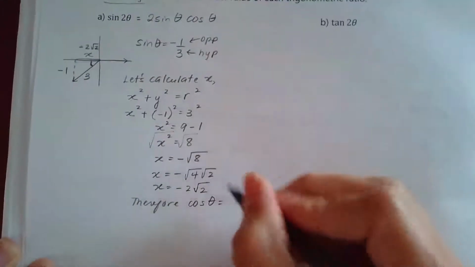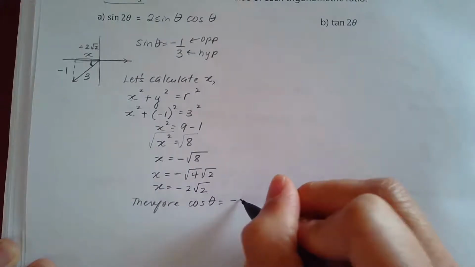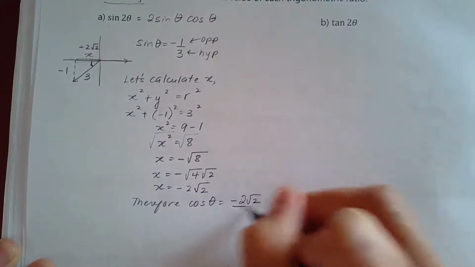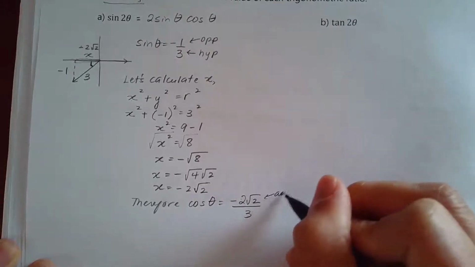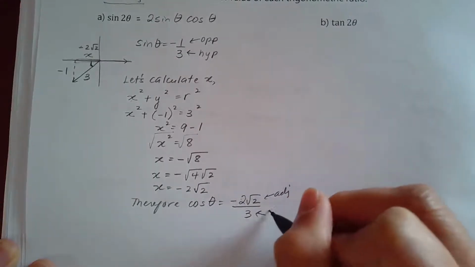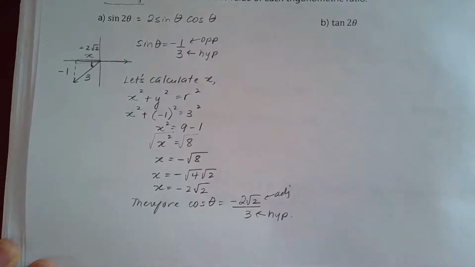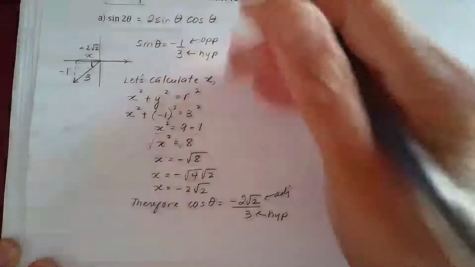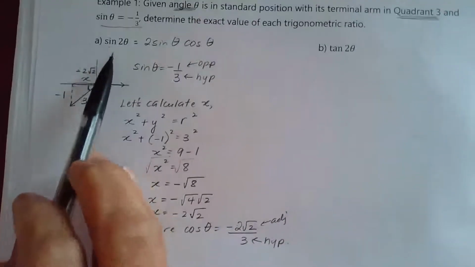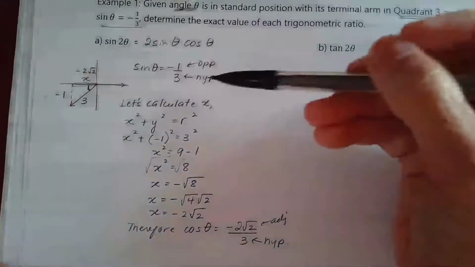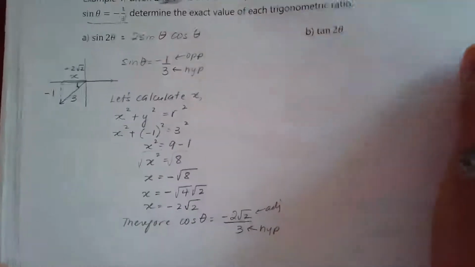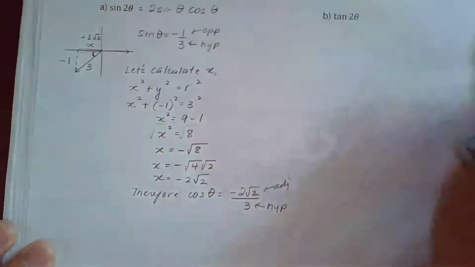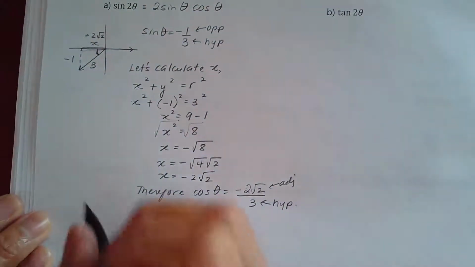Therefore cos theta is negative 2 root of 2 over 3. This is the adjacent, and this is the hypotenuse. We haven't really done this part yet because we had to do all of this extra information. Now that we have all that, we can go ahead and figure this out.